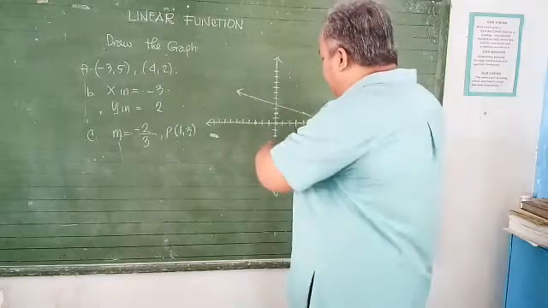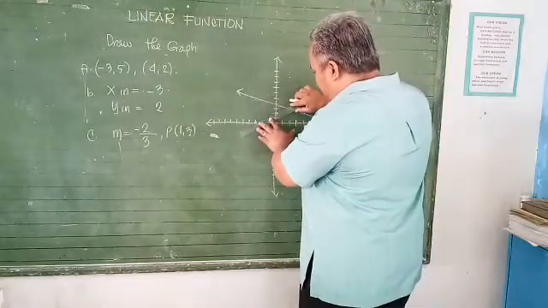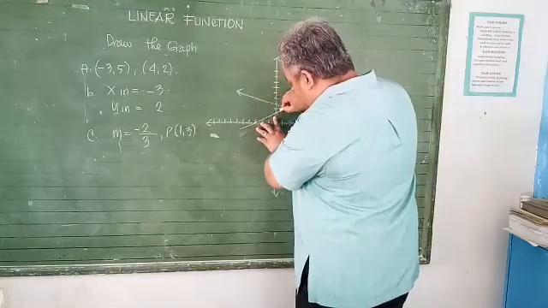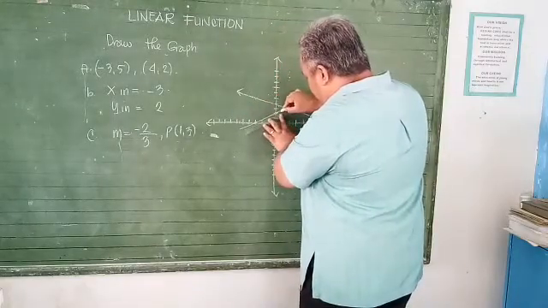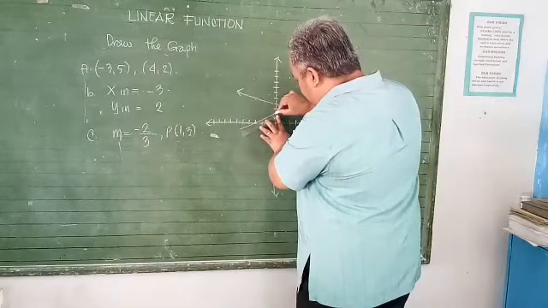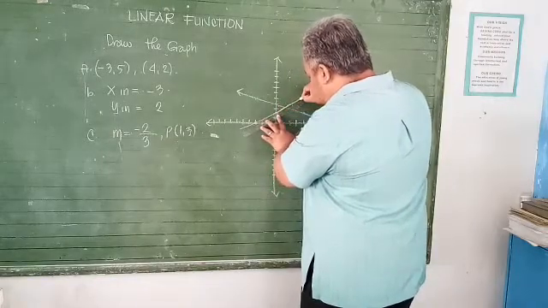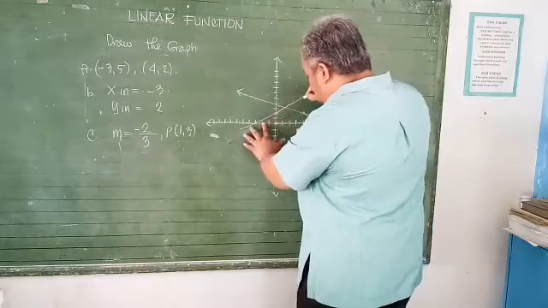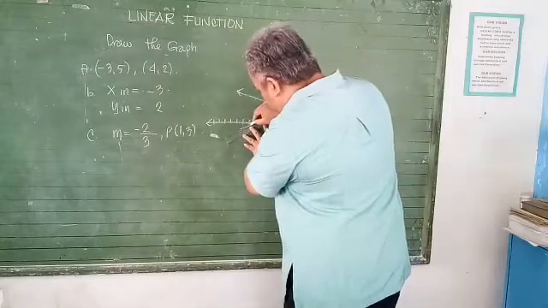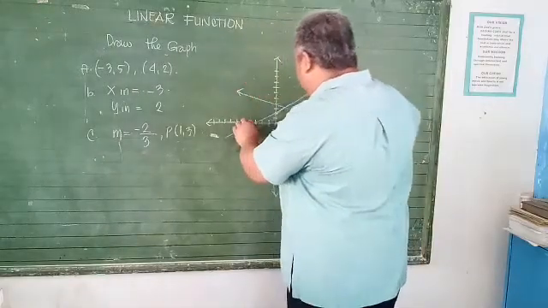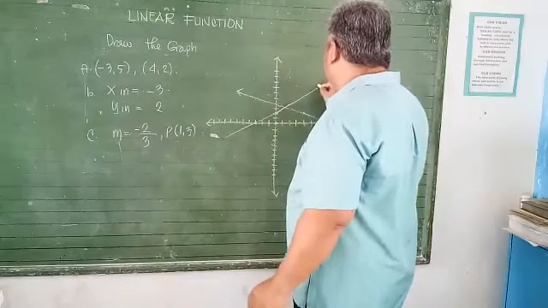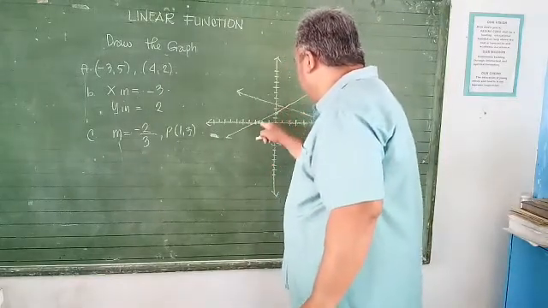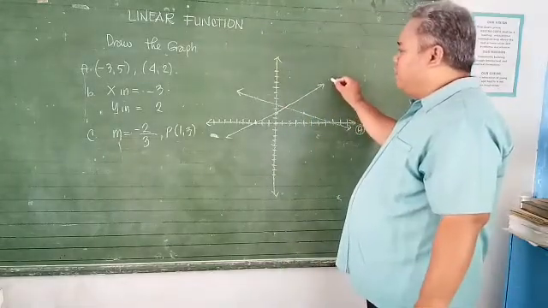And then trace your line. So that will be your graph. Remember, your line should pass through those points. So that will be for letter B.